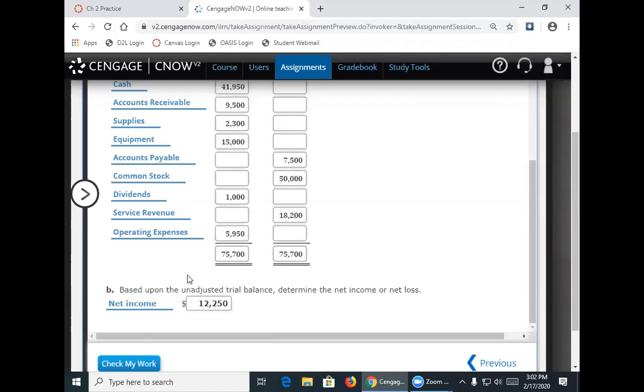But that's the glorious thing about when you have a trial balance. You can take that trial balance and prepare that income statement because you have your revenues, you have your expenses. Even if we had more than one revenue and more than one expense, it's still easy to calculate. It's always just total revenue minus total expenses. Okay, so a net income of $12,250 for this month.